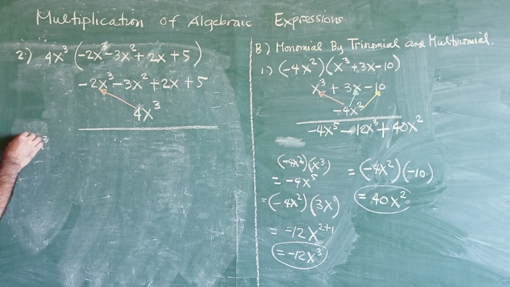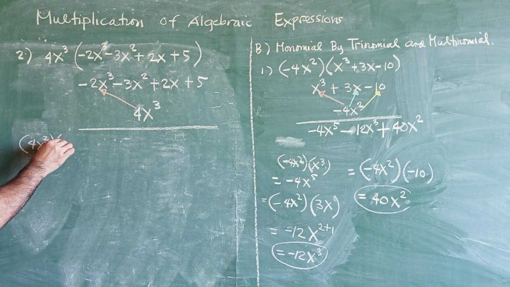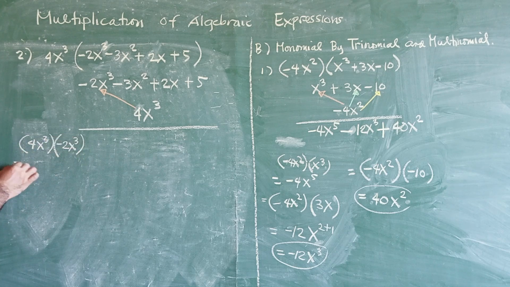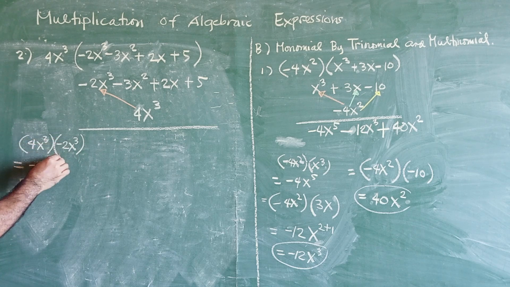As you continue, multiply only the numerical coefficients, that is positive 4 and negative 2. When you multiply 4 and negative 2, the result is negative 8. And for the variable x, just copy the common x and add their exponents, that is 3 plus 3 is 6.